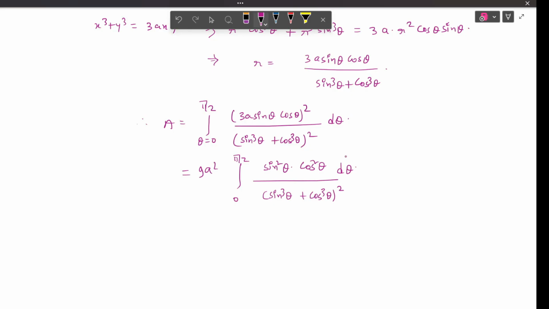Okay. Now we have a half here, so it would be 9a square by 2.